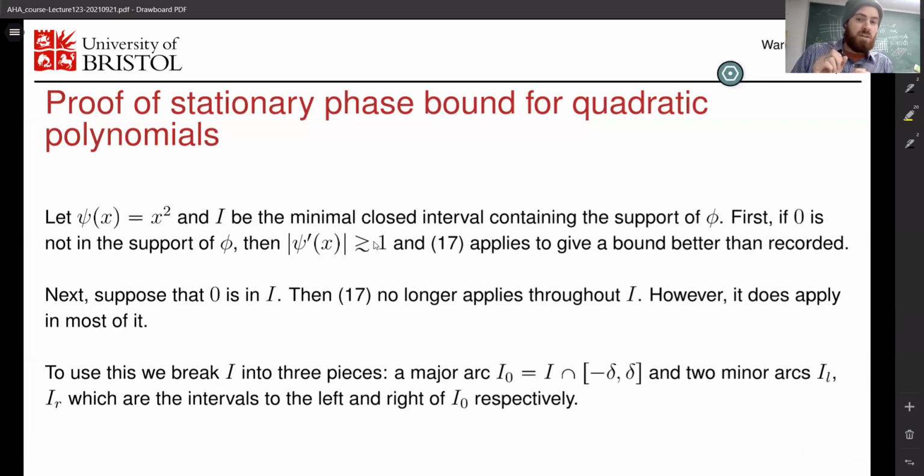It depends on the 1/1,000,000, and the bound gets worse as the derivative becomes smaller. So what we do is break this interval I into 3 pieces: the major arc, or low frequency bit, where we're containing 0, and then 2 minor arcs, or high frequency pieces, where we're bounded away from 0. And when we're bounded away from 0, we get that psi prime is bounded away from 0 as well.